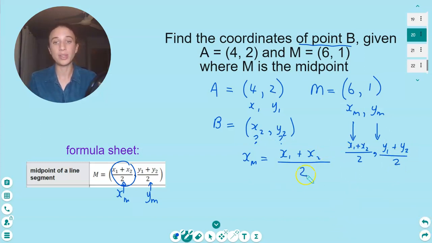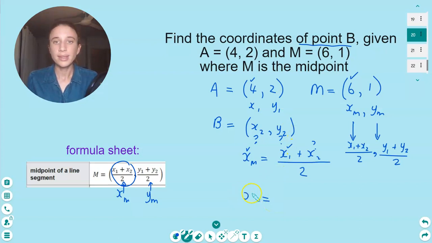You have to come up with this. Because look at this, we're given the X coordinate of the midpoint, right? X1, we're given X1, and we're trying to find X2. So we've got an equation with just one unknown, so we can solve it. It's a little bit abstract, but we'll get some practice with it.